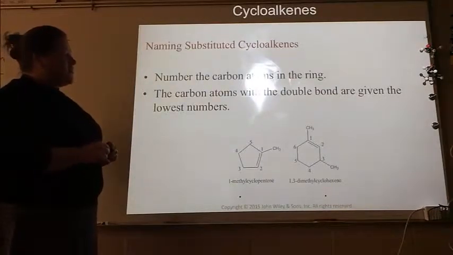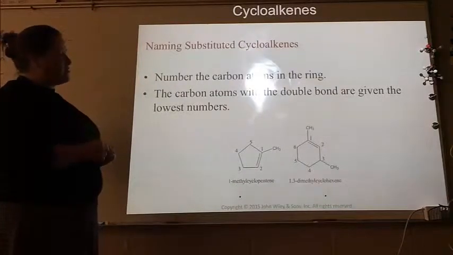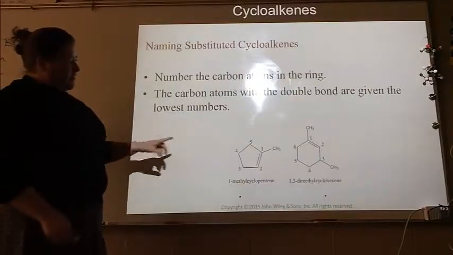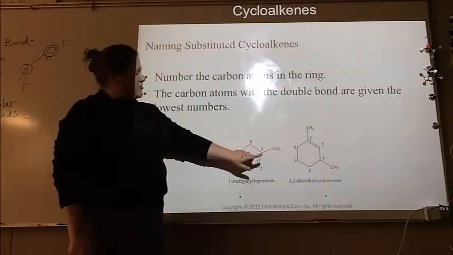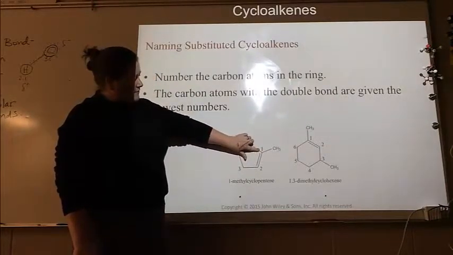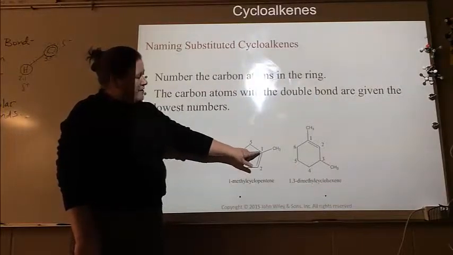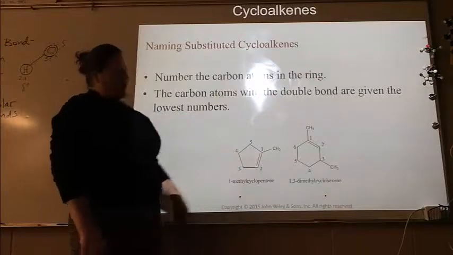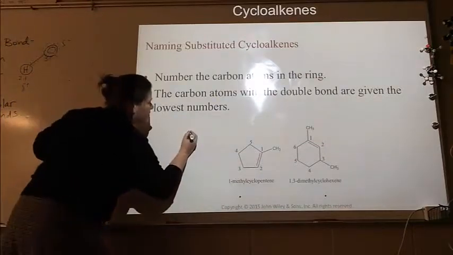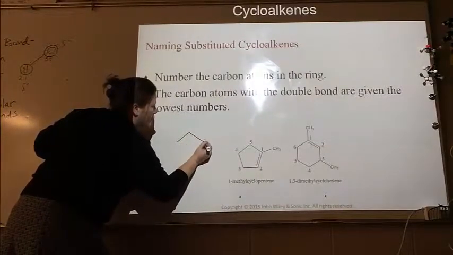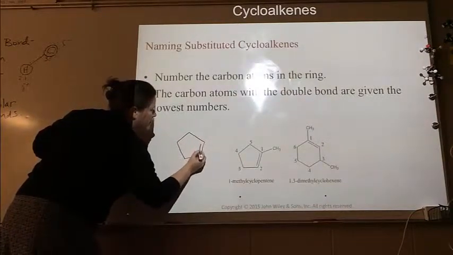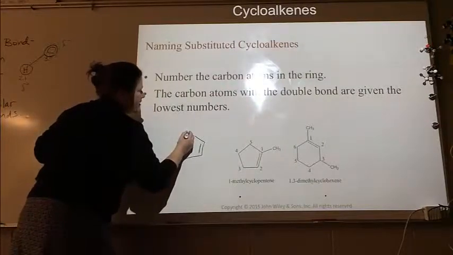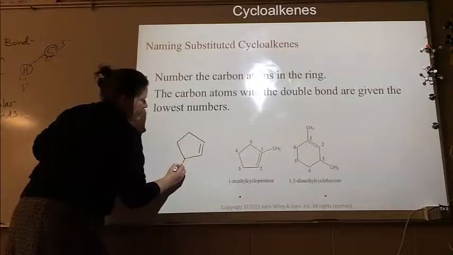And to determine which direction to go, if there's only one thing attached, it's always just attached to the number 1. I misspoke, so let me draw this another way and show you. This is a pentene, and let's say we had a group right here.